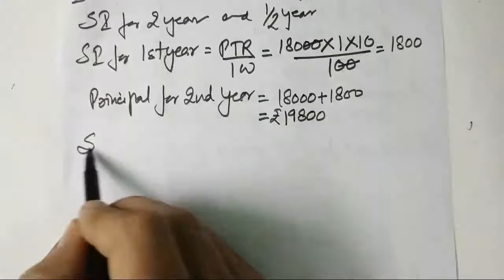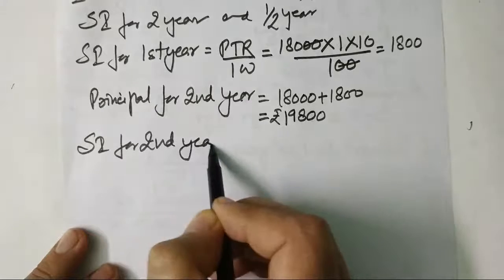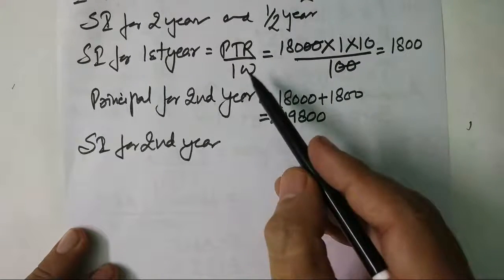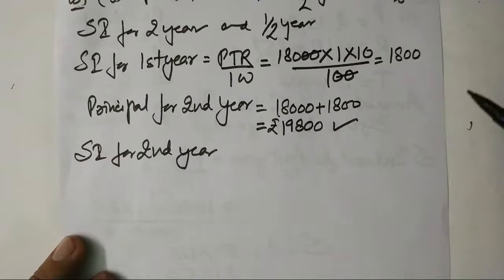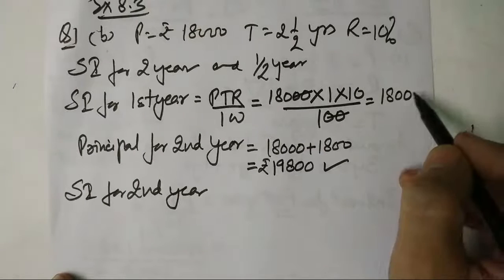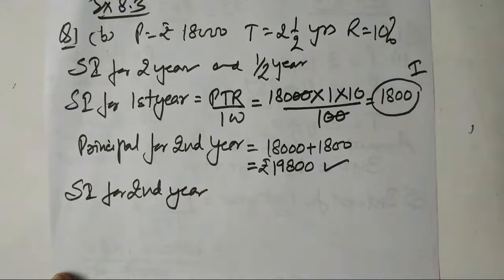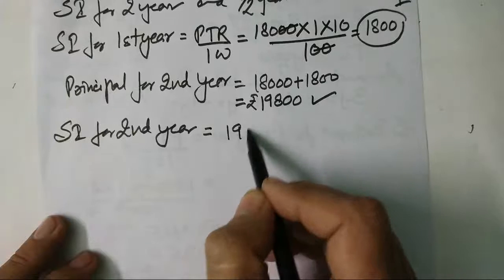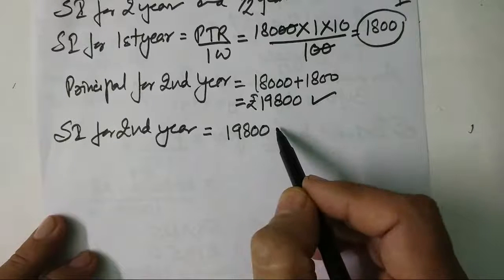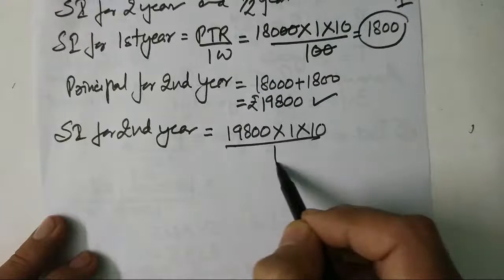Then we will calculate simple interest for the second year in the same manner, using the same formula, but now the principal will be increased because we are calculating compound interest. This 1800 is the interest which we have calculated. We will calculate again interest for the second year. So 19800 into time into rate upon 100.